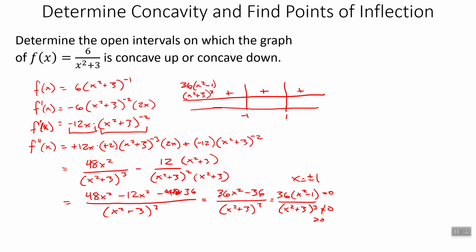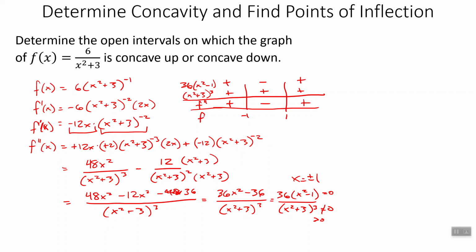All right, if we plug in a number out here like -2, that's going to be 4 minus 1 is 3. 3 times 36 is positive. If we plug in a number in here like 0, we get -1 times 36 is negative. Plug in a number out here, we're back to positive. So that means our second derivative is just putting these signs together, positive, negative, positive.